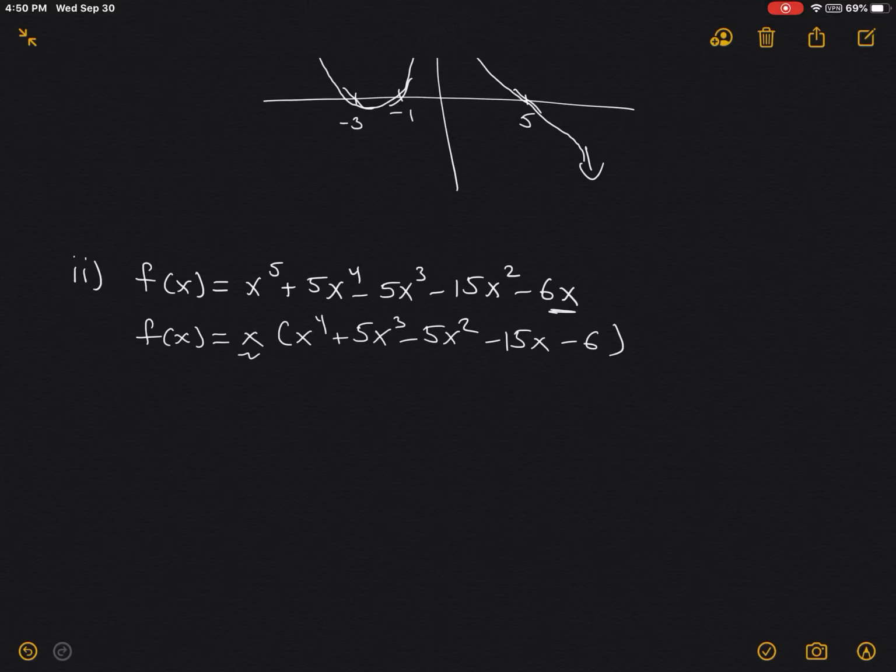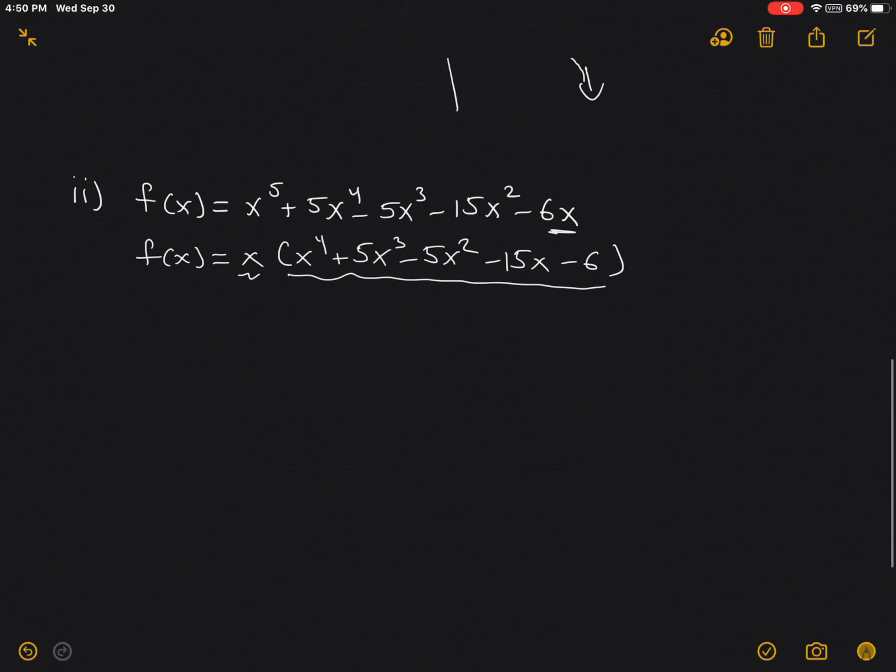For part A, we're asked to factor completely. So we need to factor what's inside here, and the way you do that is to use the rational root theorem. Again, my possible zeros are factors of 6 over factors of 1, so plus or minus 1, 2, 3, or 6. I showed a little bit less work on this example, and you can do so as well. The first example I did in the other video was just to remind you what the possible zeros are.